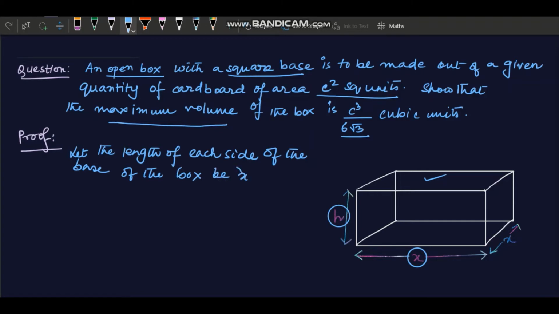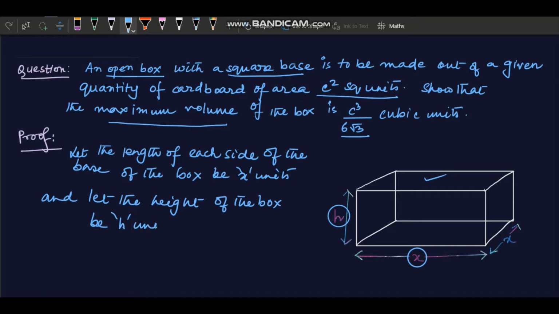Since it has a square base, the length and the breadth are equal, and let the height of the box be h units.